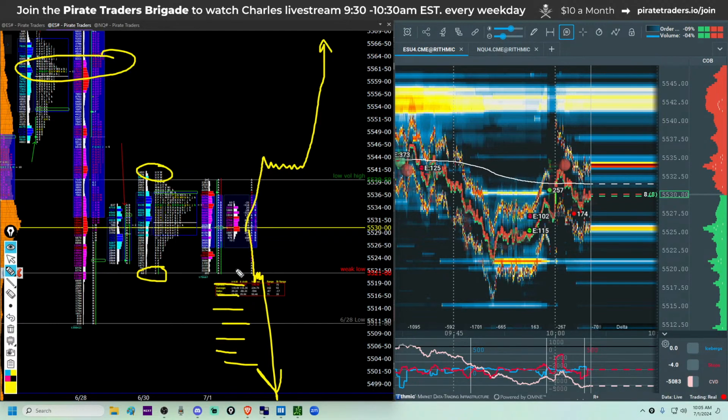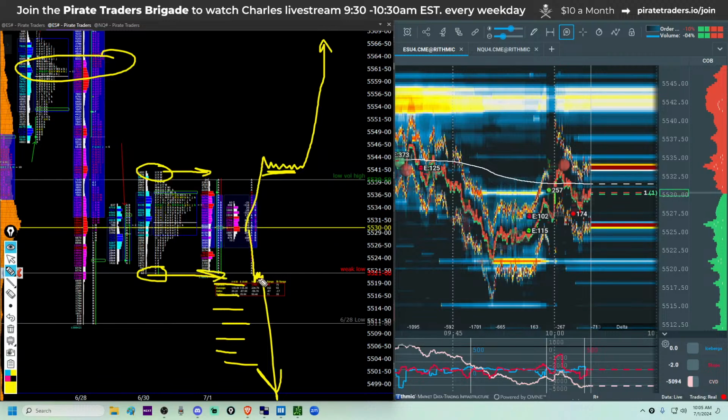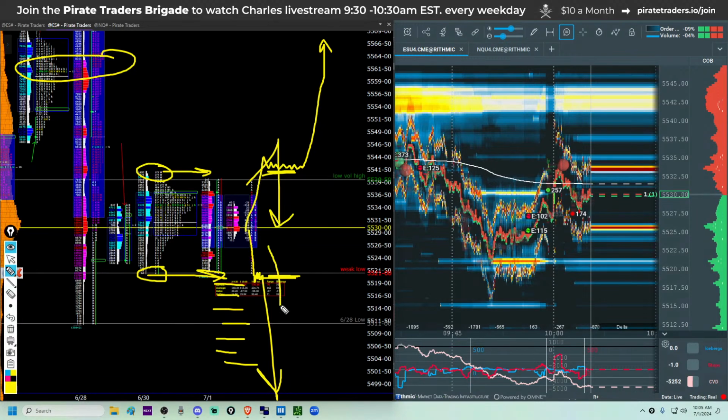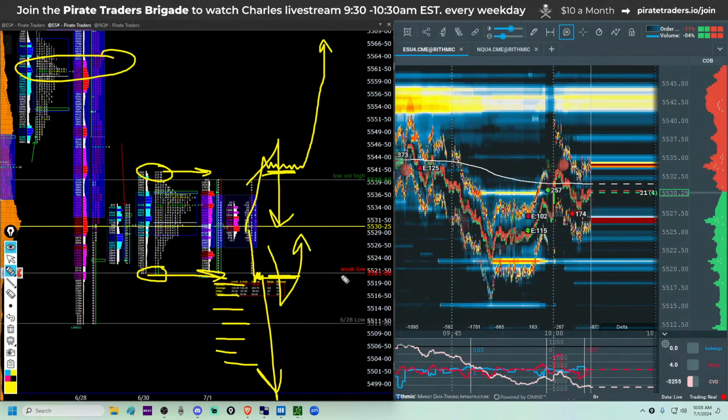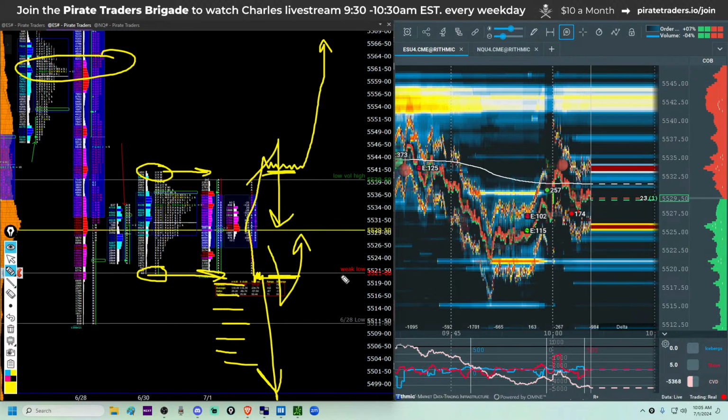But until one of those two things happens, until we either look above the overnight high and get support or look below the overnight low and get resistance, I'm afraid the more likely thing is a look above and fail that keeps going sideways or a look below and fail that keeps going sideways, okay? It's not very exciting, but that's what the market is giving us this morning. It's giving us sideways.